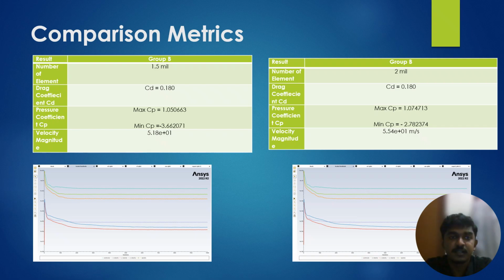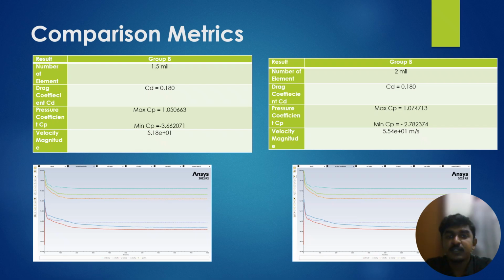Comparison matrix. For 1.5 million elements, the drag coefficient, also known as CD, is 0.18, the maximum pressure coefficient is 1.05, the minimum CP is negative 3.66, and the velocity magnitude is 5.18.